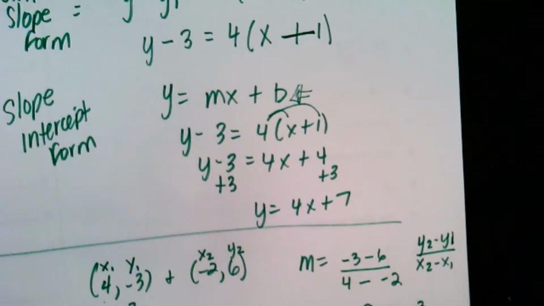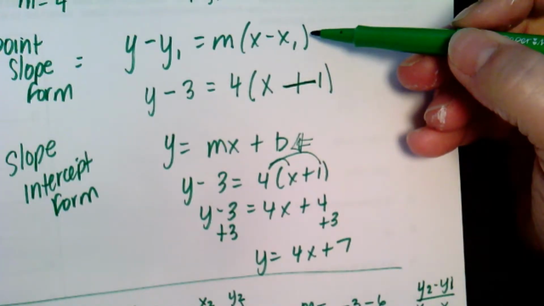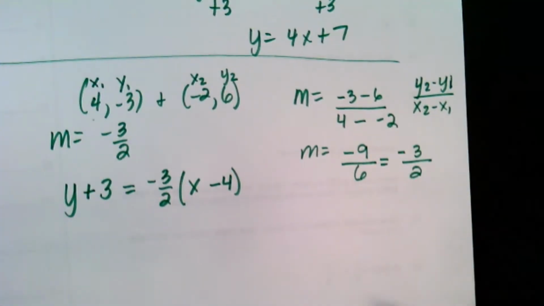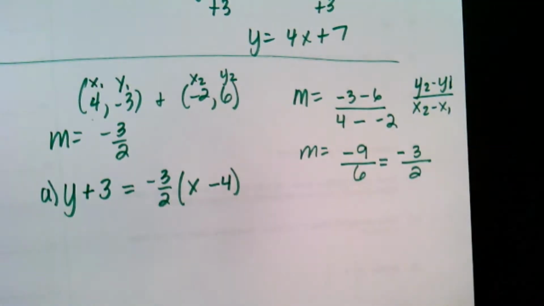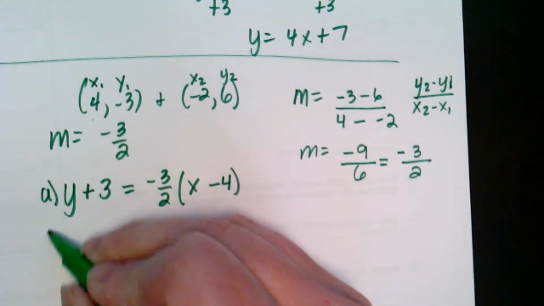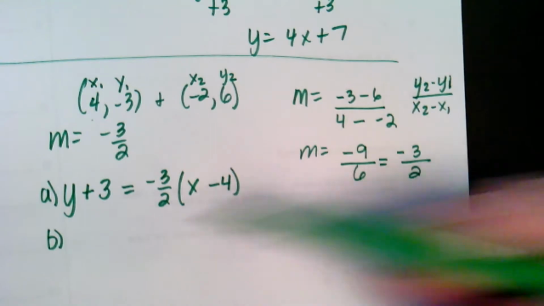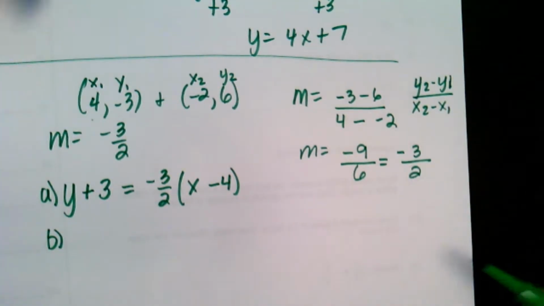So remember, it's this formula here. That's our point slope form, so that was our answer to A. And then B says do our slope-intercept.